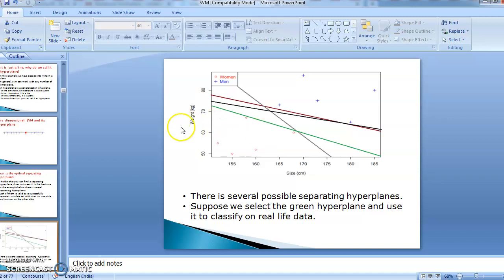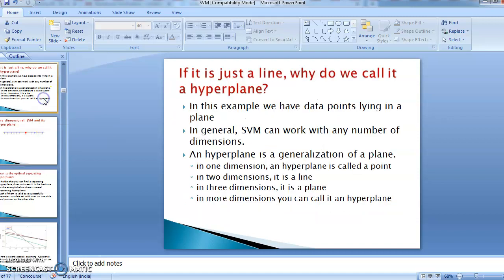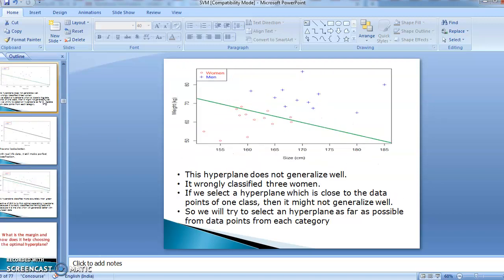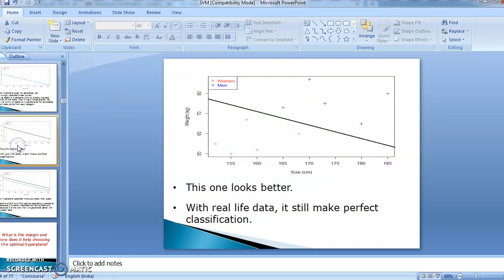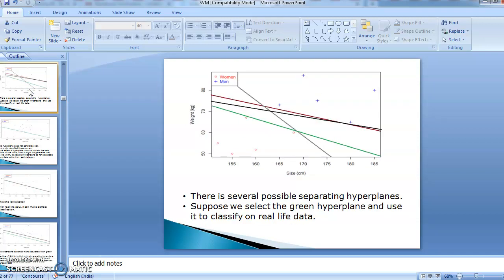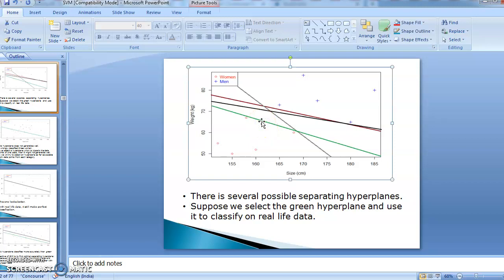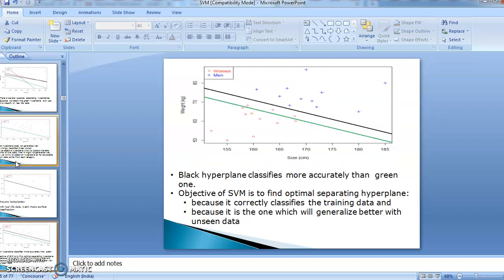We have to identify a hyperplane such that it has the maximum margin from the border or boundary points. As we have seen, there are different selections for the hyperplane. If we select this green line as the hyperplane, then there is a problem, as we can see in this diagram.